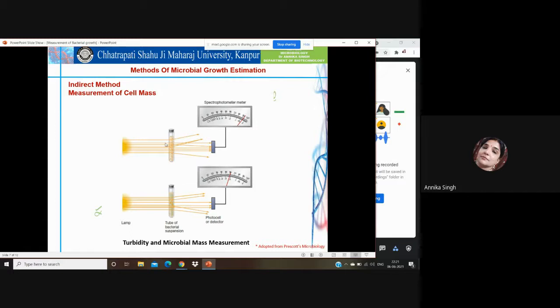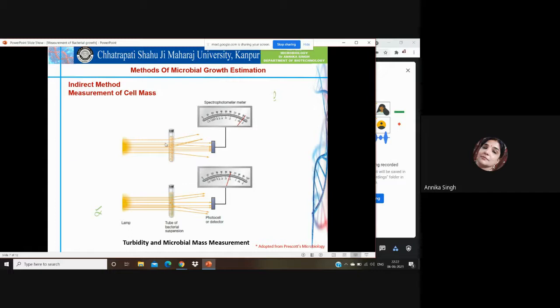When this suspension or culture is read at 600 nanometers, the light is scattered, and the amount scattered can be measured by a spectrophotometer, and it is known as the absorbance or optical density of the medium.